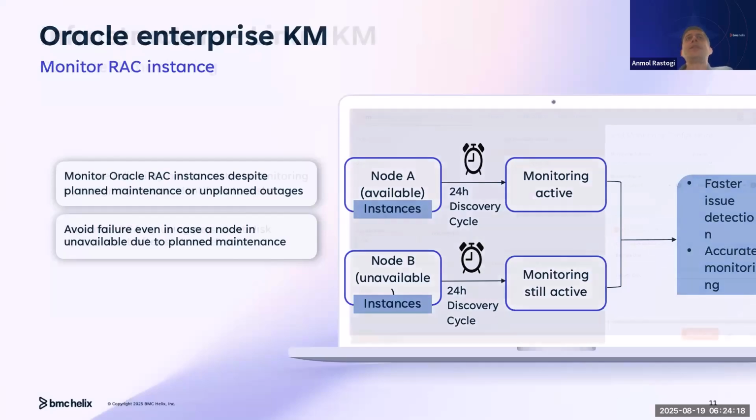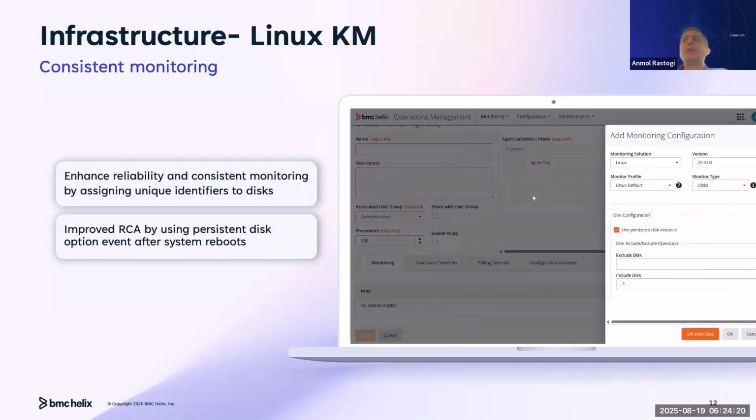So that was the update on the Oracle side. We also added support to provide consistent monitoring by giving an option to retain persistent disk instances. We observed that whenever a restart or reboot happens around the Linux KM, the names used to get changed.